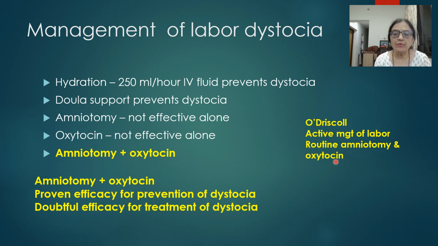This protocol of active management of labor was successful, with good obstetric outcome, maternal as well as neonatal. So the credit goes to O'Driscoll for using amniotomy with oxytocin to prevent dystocia.